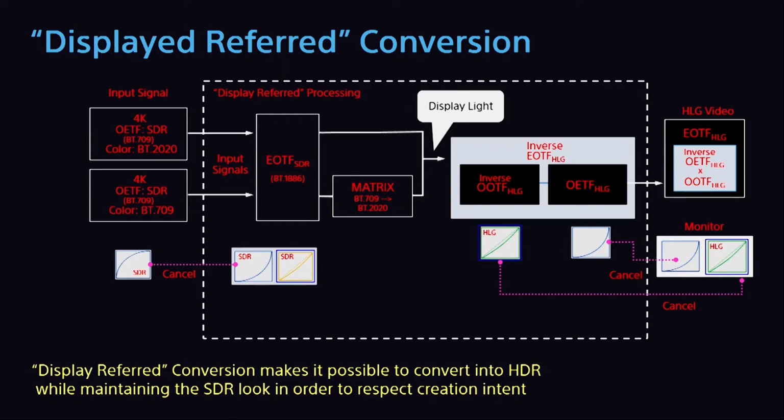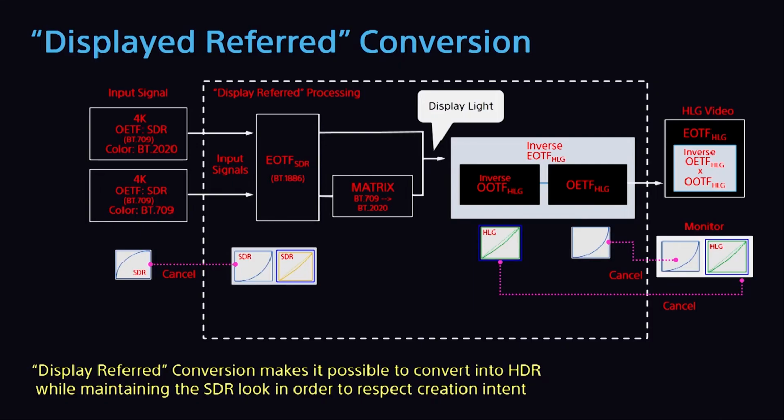For the commercial, we use a different technique, display refer. Now, I have a commercial. It can be a legacy commercial, 709. I will invert the OETF of that commercial, and I will recreate how that commercial looks on my screen. Display light.